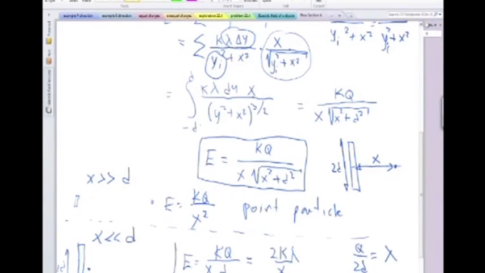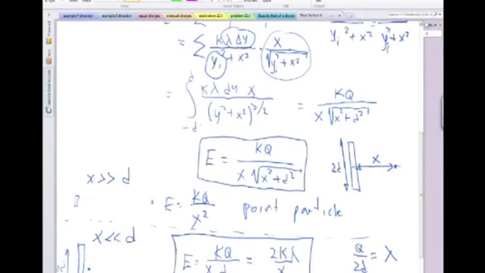So if you're really close to a linear distribution of charge, notice that the electric field does not change as x squared. As you increase your distance by a factor of 2, provided that it's small compared to the length of the rod, your electric field is not changing by a factor of 4, which is what you would expect from a point charge.